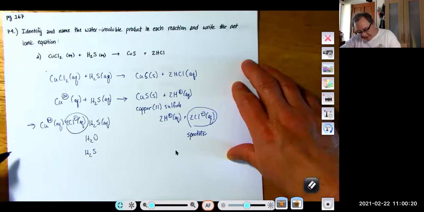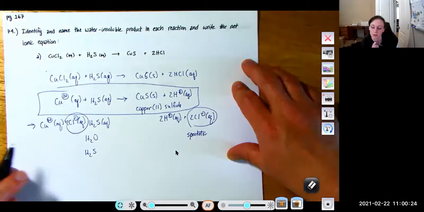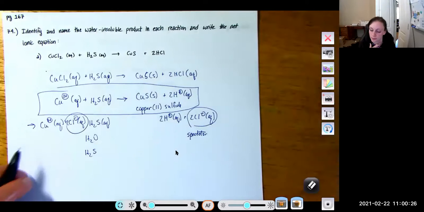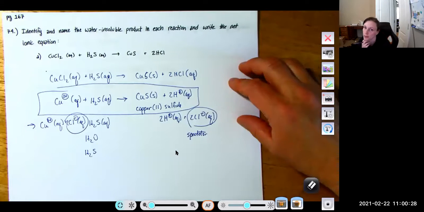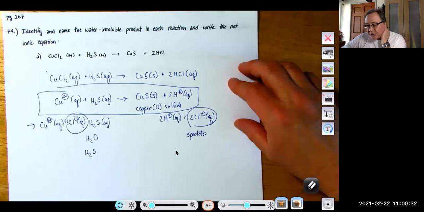So technically, this is what we're supposed to write out. So we're not separating H2S because it's a weak acid. Weak acids you don't separate out. Strong acids you do.